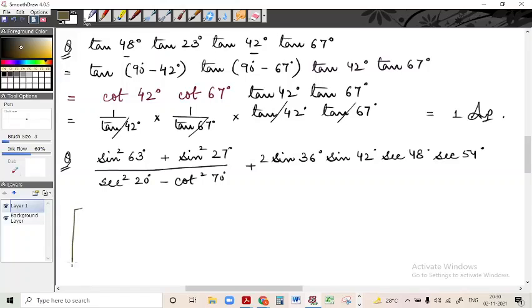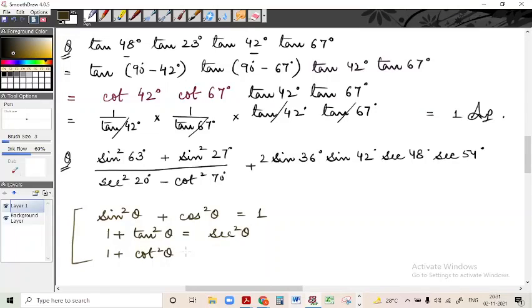That is sine square theta plus cos square theta is equal to 1; 1 plus tan square theta is equal to sec square theta; and 1 plus cot square theta is equal to cosec square theta.